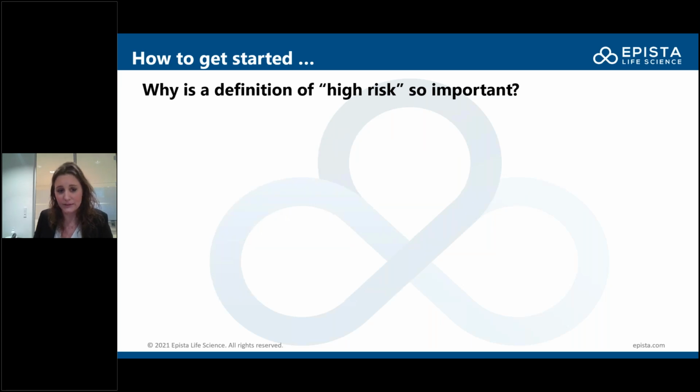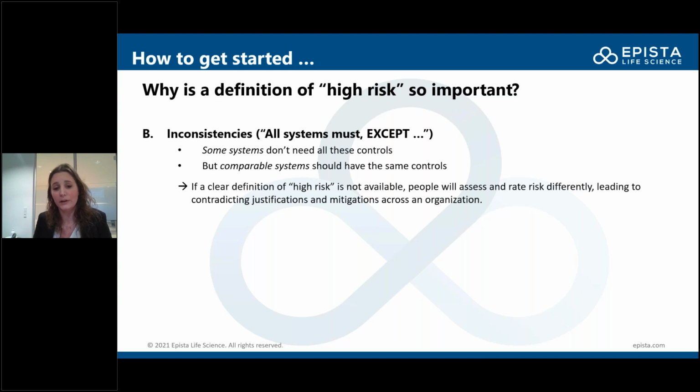A second reason why not to go for those generic mitigation strategies and actually define how risky the equipment or systems that we have are is inconsistencies. If you look at the slide before, you will soon realize that those generic strategies are not working.